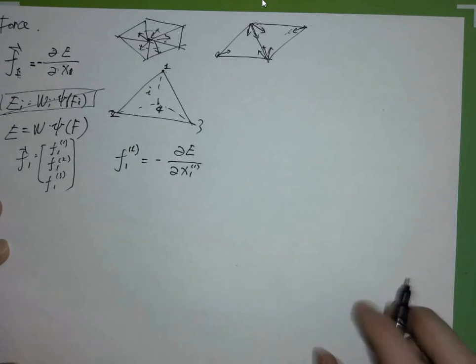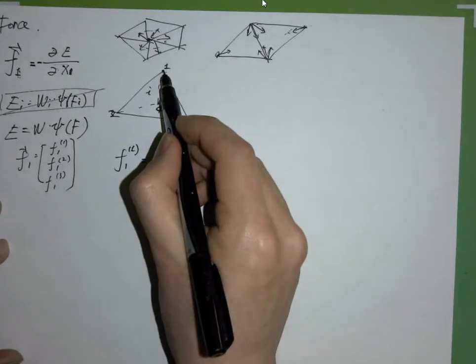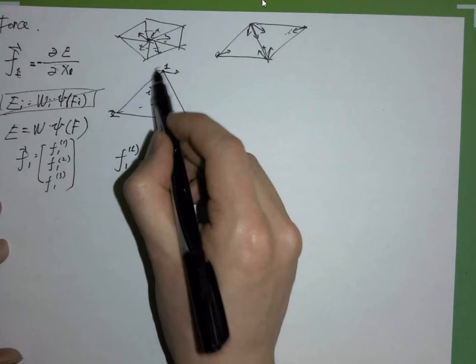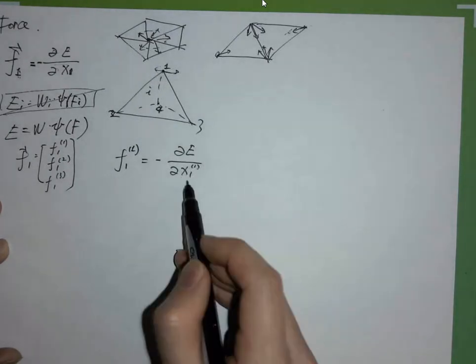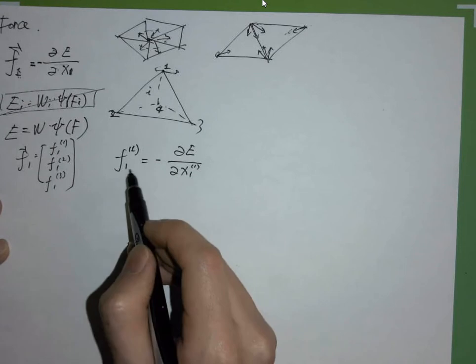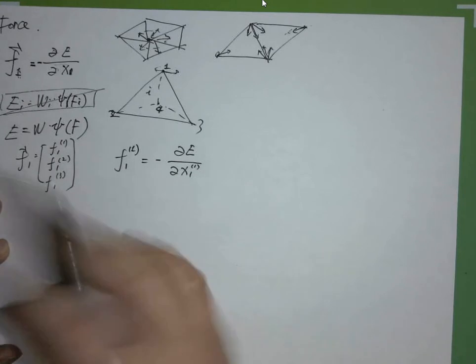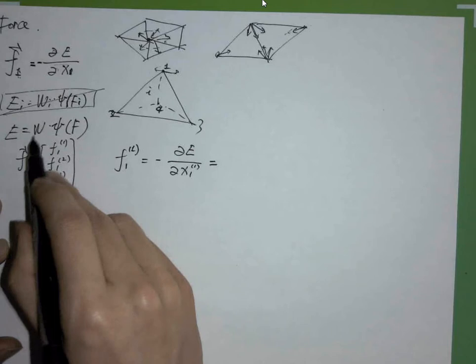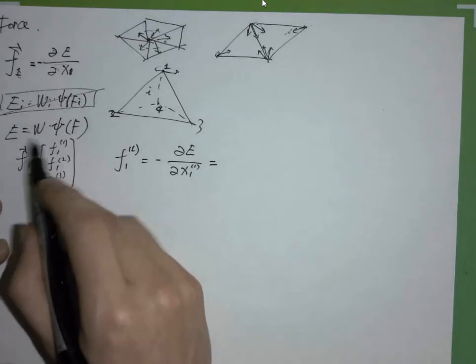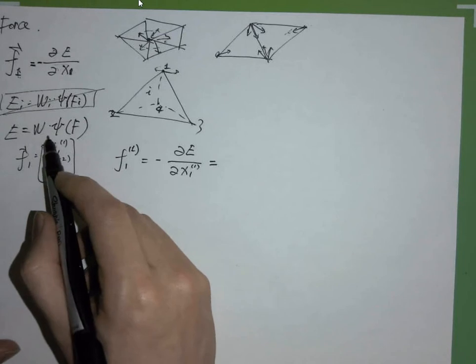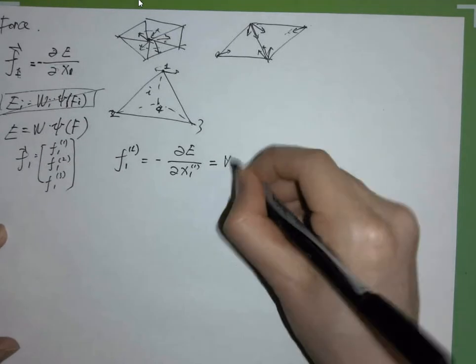So if this vertex is moving on the x-axis a little bit, then my energy should respond on this vertex, and that's my force. We know that E equals W multiplied by phi of F, where W is a constant. It only depends on the rest pose shape. So W is constant, just pull it out.